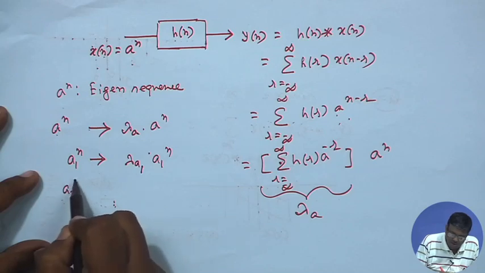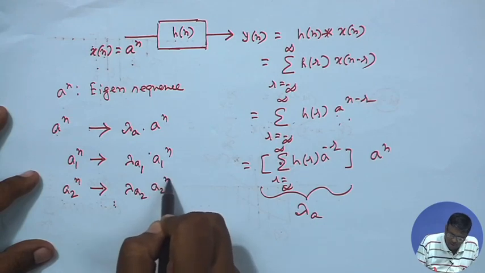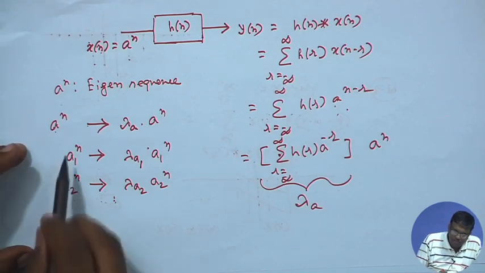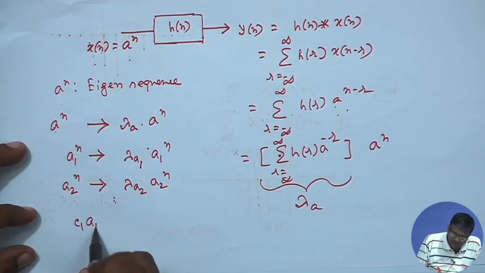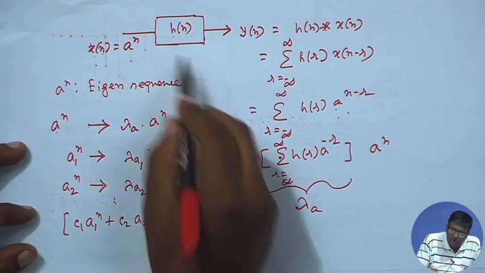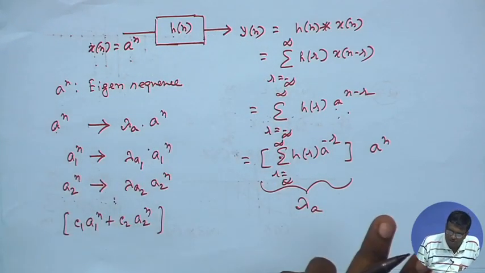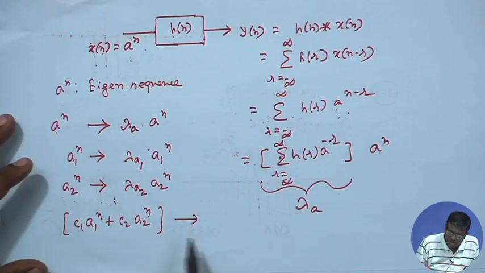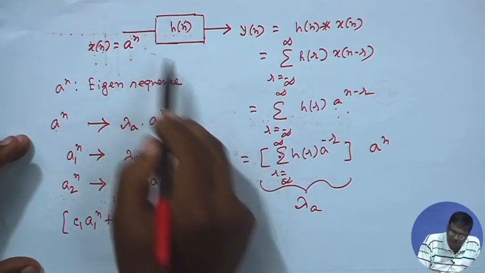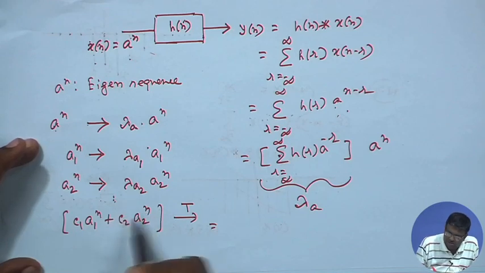Suppose I have given you a2 to the power n is lambda a2 to the power n, it is known. Then if I give you a new sequence C1 a1 to the power n plus C2 a2 to the power n, what is the output? If I want to convolve h with this, I really do not have to carry out convolution. I know that this is a linear system. So, if T is the operator, T working on this will be the response due to this and the response due to this, because it is a linear system.